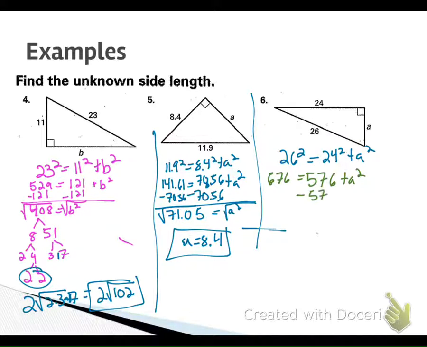Subtract over that 576. What do you get? 100. Equals a squared. Square root both sides. What do you get? a equals 10. Nice job, guys.